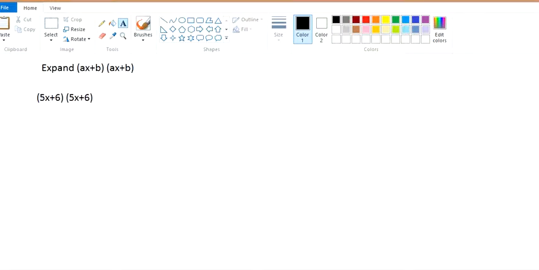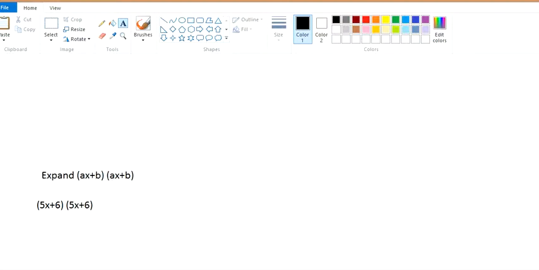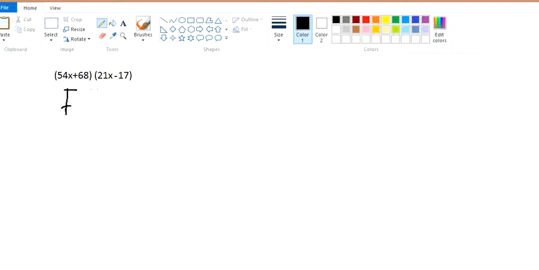So let's try this exact same form with this polynomial right here. (54x + 68)(21x - 17). So we would also apply FOIL here. And well, I threw in a bit of a twist in here because there is a minus instead of a plus, so that makes things slightly more complicated, but not by much.